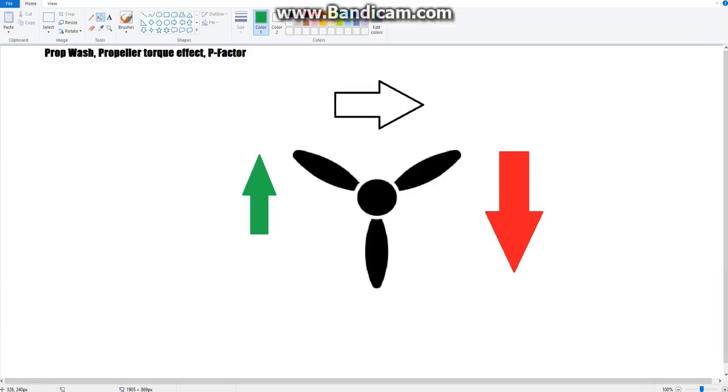And generally only propeller torque and P-factor would be in effect. For a puller, or a tractor I think it's called, all three would be in effect. And all three can be counteracted by right rudder.